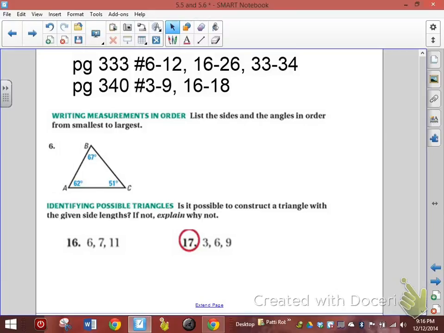I'm not going to make you list the angles out on this one, but I do want you to list the sides. Since we're going small to large, you go to the smallest angle, which would be that 51, and you go to the side opposite. So AB would be the smallest side. Then 62 would come next, so you look at the opposite side, that would be BC. And then 67 is the largest, so the side opposite would be AC.